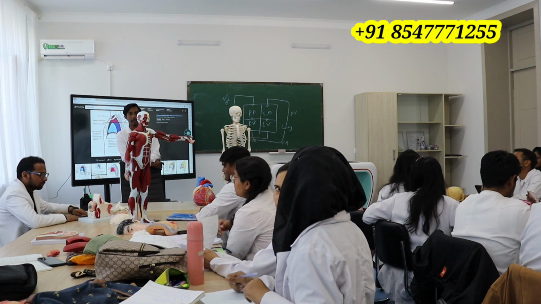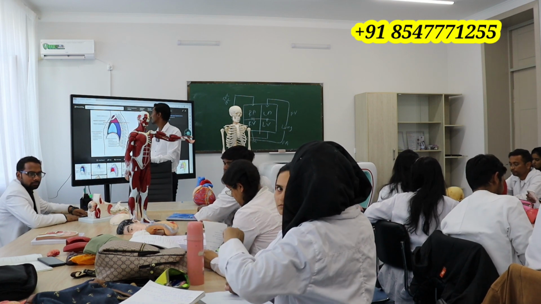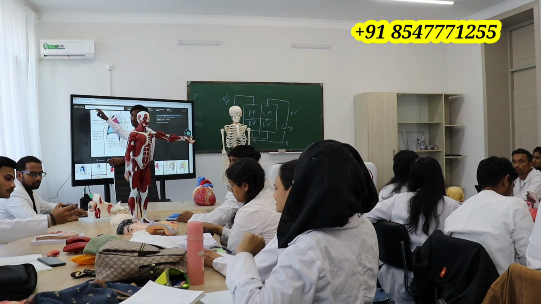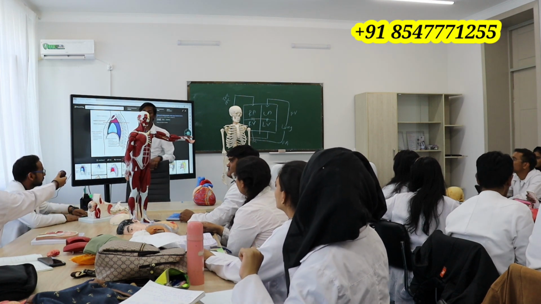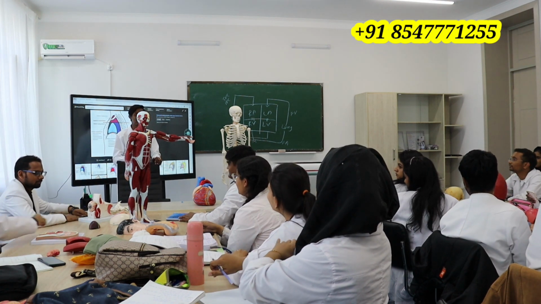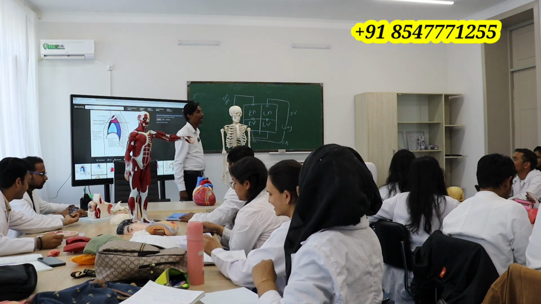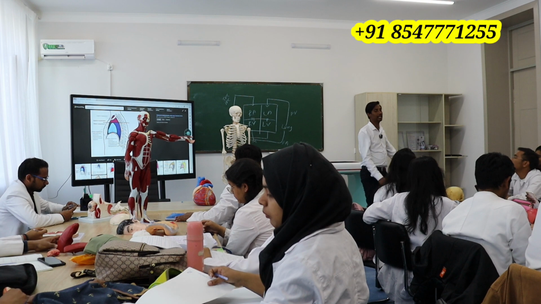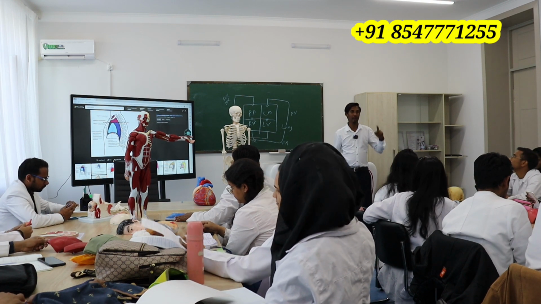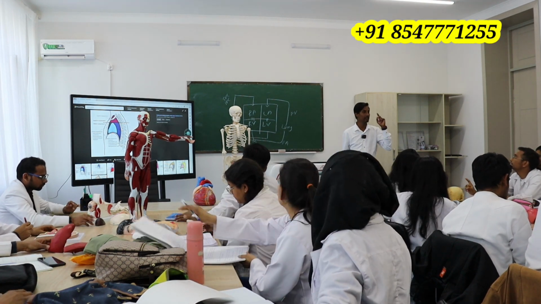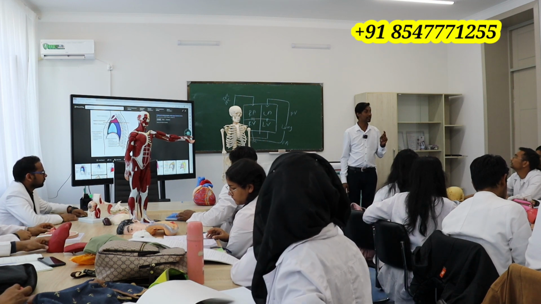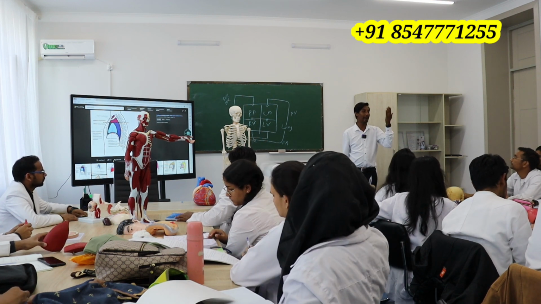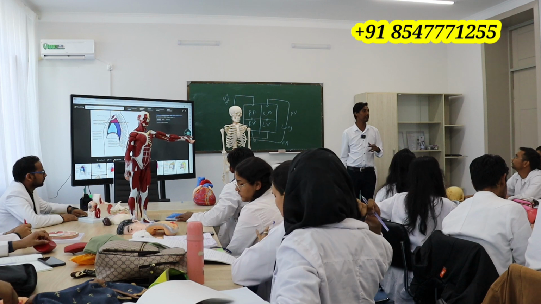Okay, liver. What happened? About the layers of the heart. The heart is covered by a serous membrane called the pericardium, right? We have 2 types of pericardium: fibrous pericardium and serous pericardium. The serous pericardium can be divided into 2: parietal pericardium and visceral pericardium.